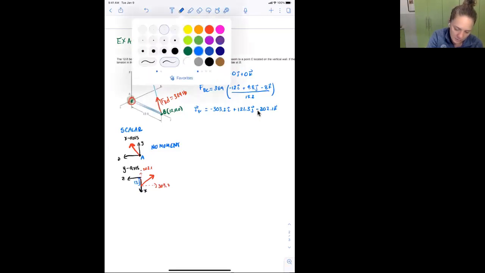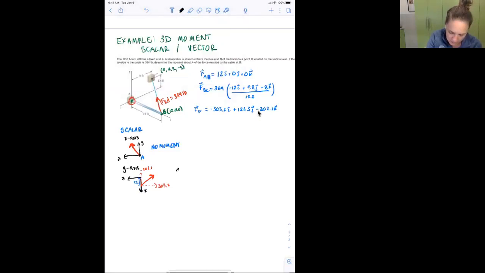So I'm going to now determine the sum of the moment about this point A. And I'm going to assume that anything in the counterclockwise direction is positive. Only the z component of the force is going to cause any rotation, because the x component, again, goes right through point A. So this is going to be, did I mess that up?